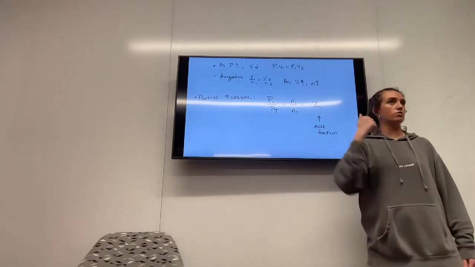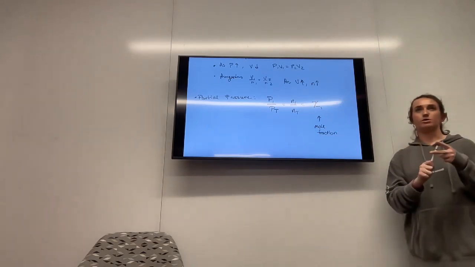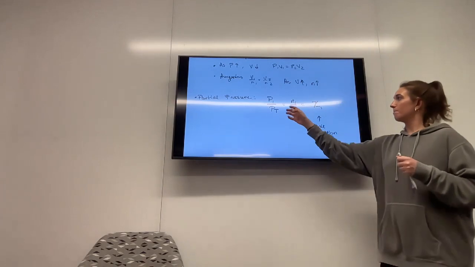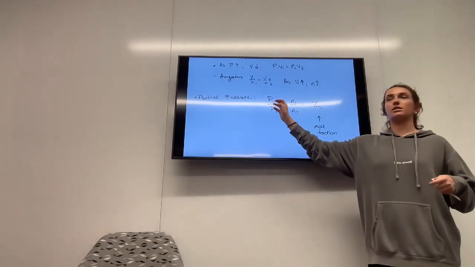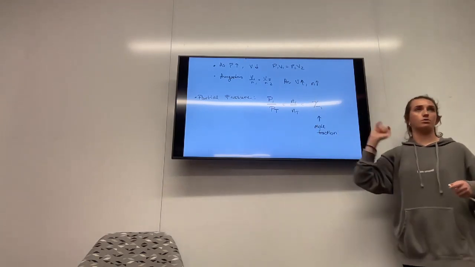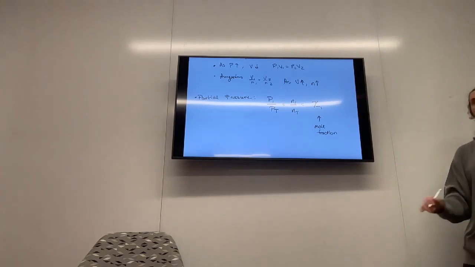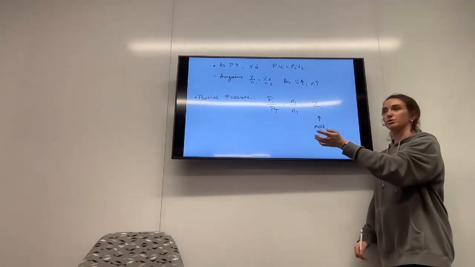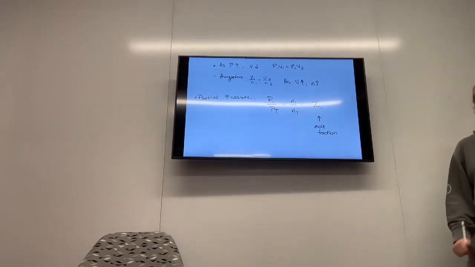You can look at each individual component: what's my pressure of oxygen, what's my pressure of nitrogen, what's my pressure of some random thing in the air? That pressure divided by its total pressure will be directly proportional to the number of moles you have of those products. So if you have 10 moles of air and 2 moles of that are oxygen, then you know that about 20% of that pressure is going to be made up of that oxygen.